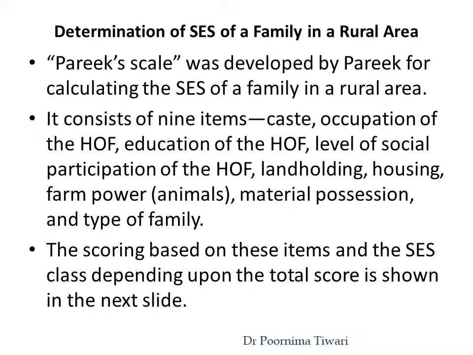The 9 items included in the Parikh scale are caste to which the family belongs, occupation of the head of the family, education of the head of the family, the level of social participation by the head of the family, the land the family holds, the type of housing, the farm power, that is the type and number of animals, material possessions by the family, and the type of the family.